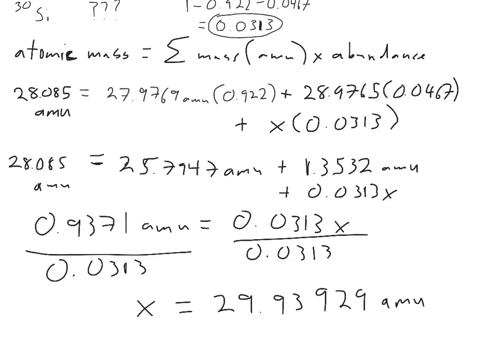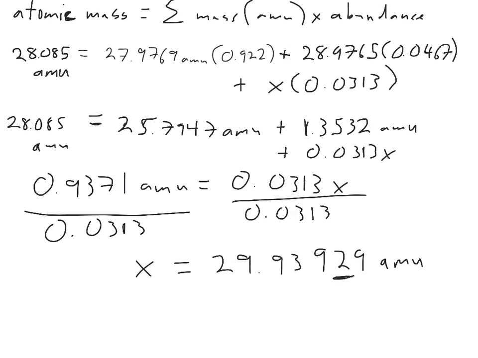Just to be consistent with the masses that were given in the question, we'll include 4 decimal places, and that would round to 29.9393 AMUs.